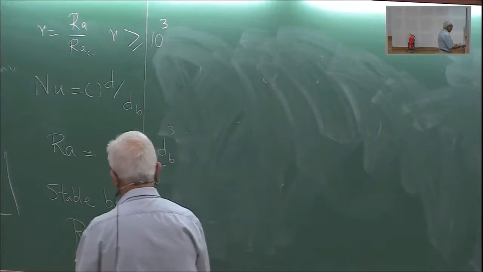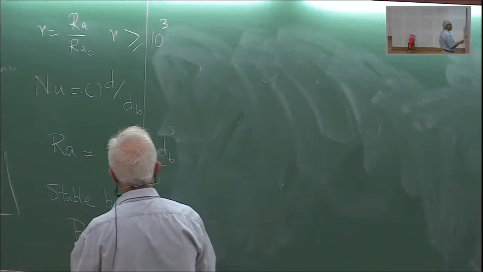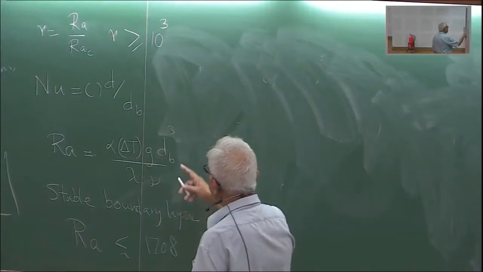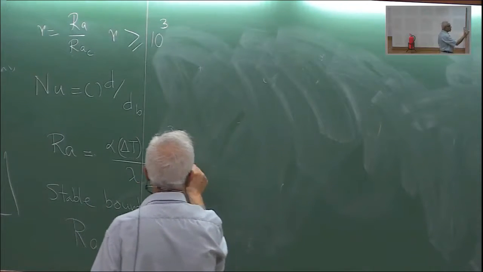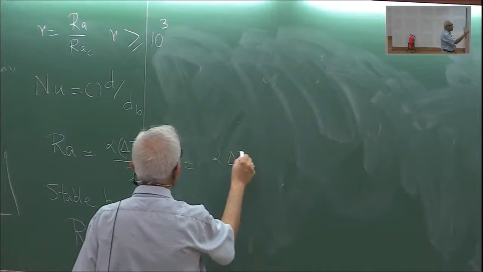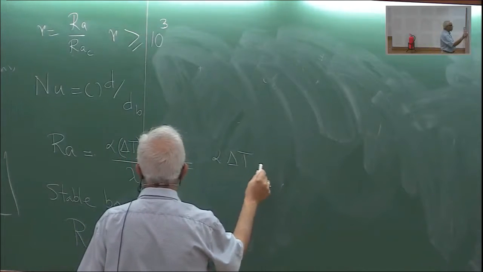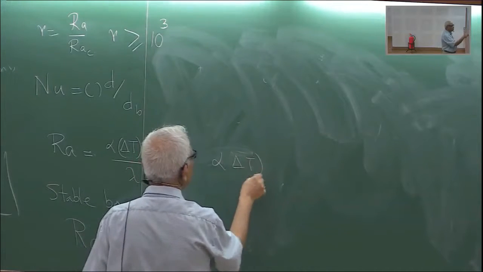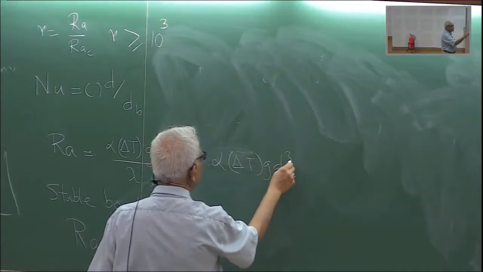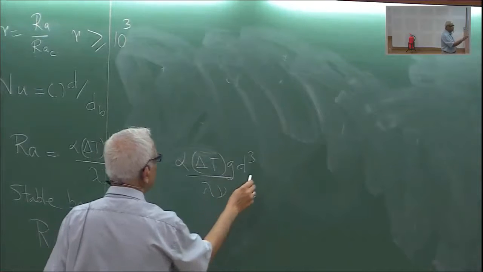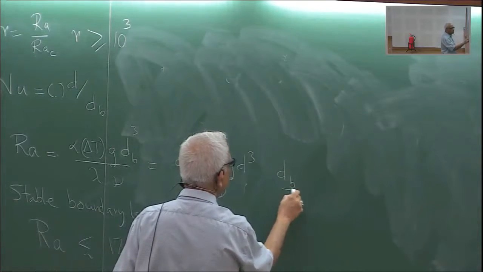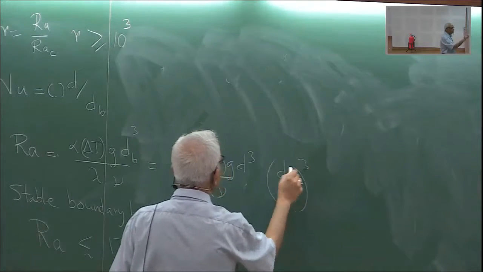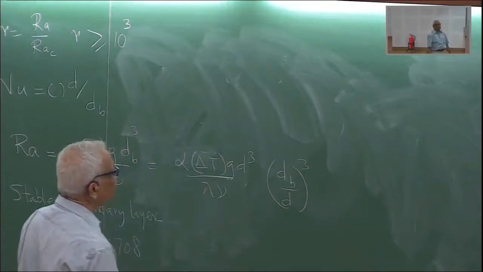And you find that by this argument, you can write this as alpha delta T g d cubed over lambda times nu, times d_B over d cubed. And this chap is a number.